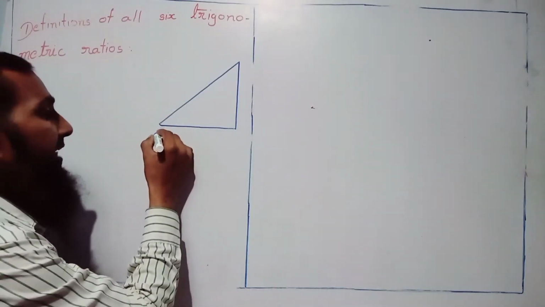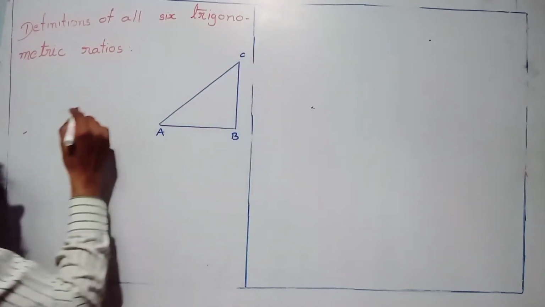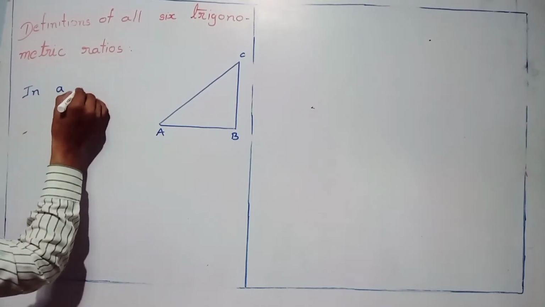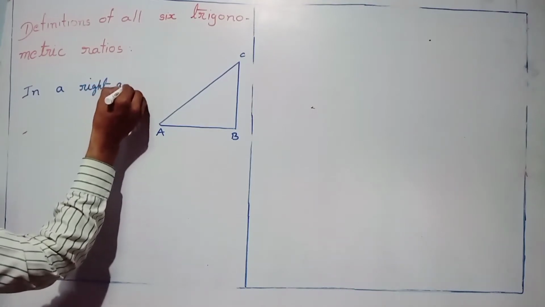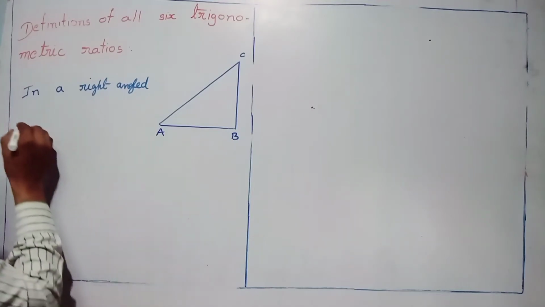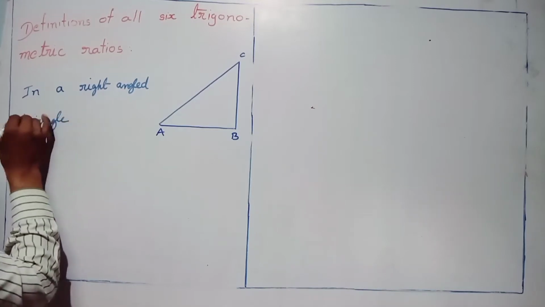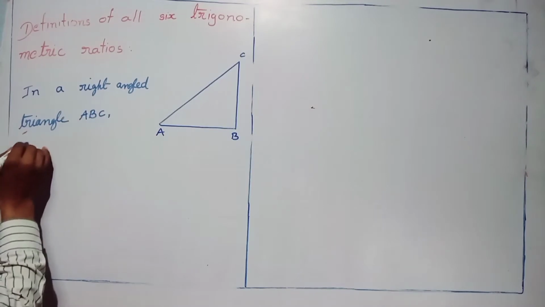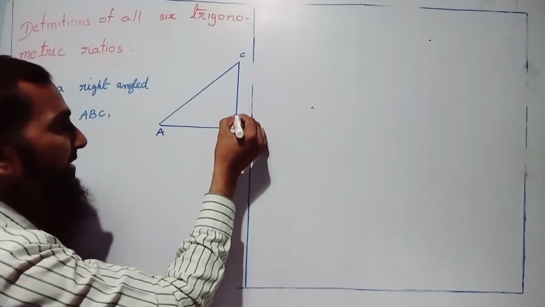Take it as A, B, C. So in a right angle triangle ABC, angle B is 90 degrees.